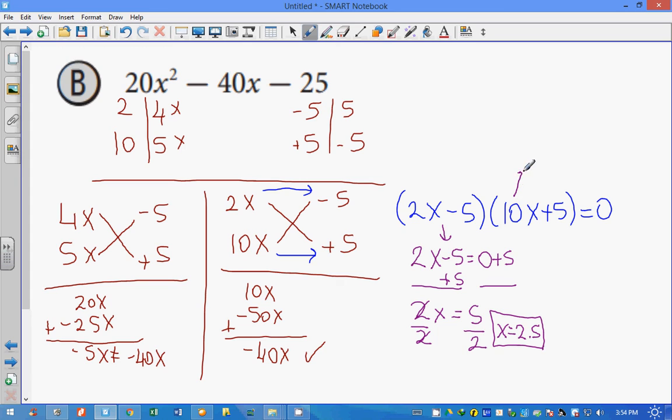So what about 10x plus 5, which is equal to 0? Minus 5 on both sides, it's going to be 10x is equal to negative 5, and divided by 10, x will be equal to negative 0.5. I found the factors and I found the x values.